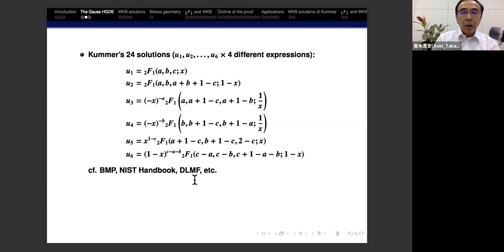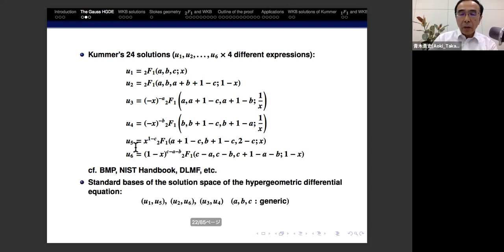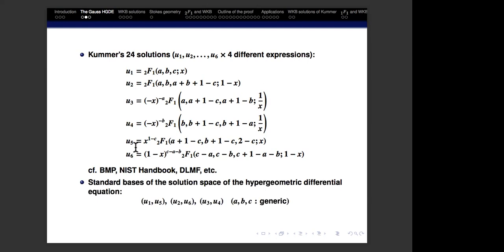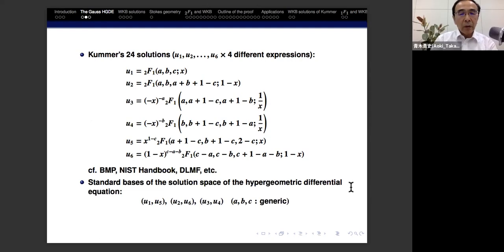And any 2 of them form a basis of the solution space. And the standard bases of the solution space of the hypergeometric differential equation are U1, U5, or U2, U6, or U3, U4. These correspond to the regular singular points, the origin, 1, and infinity.